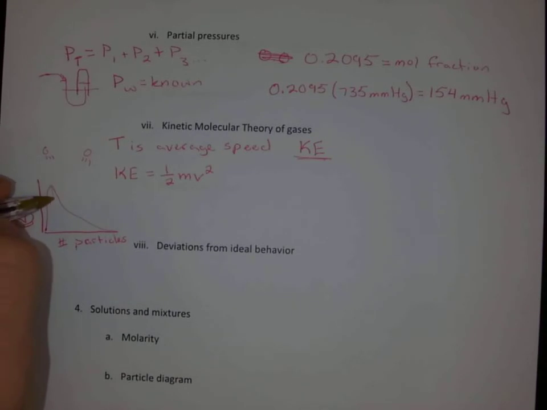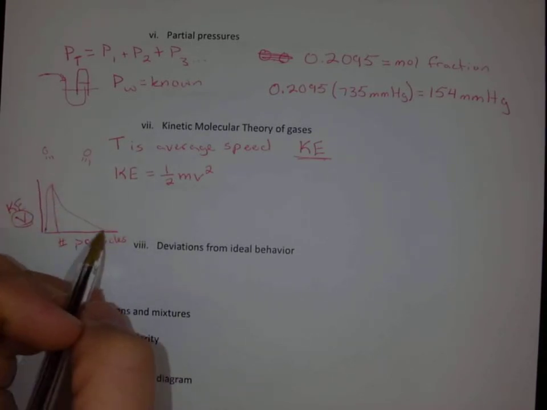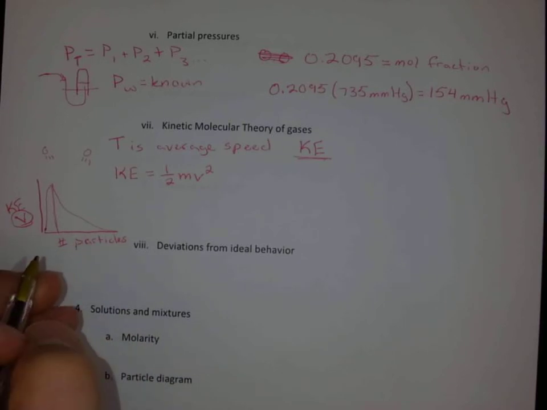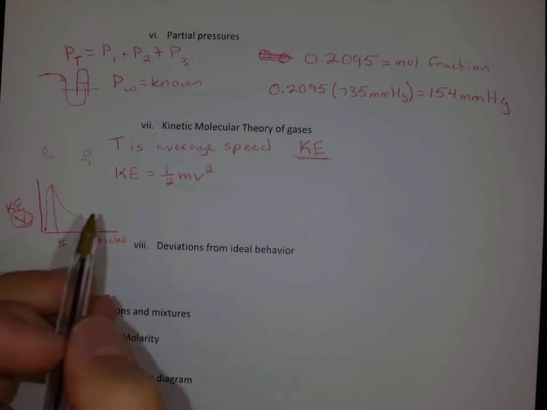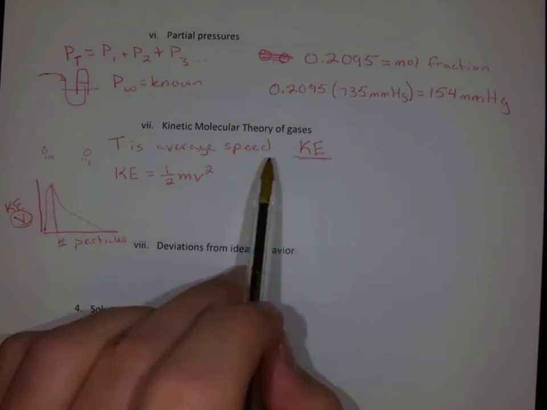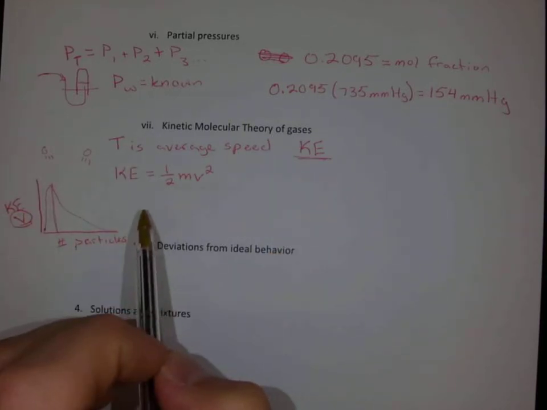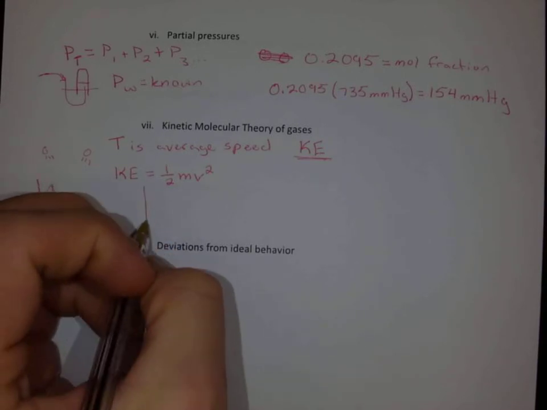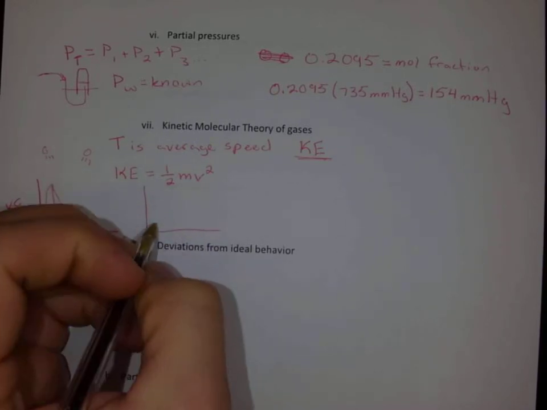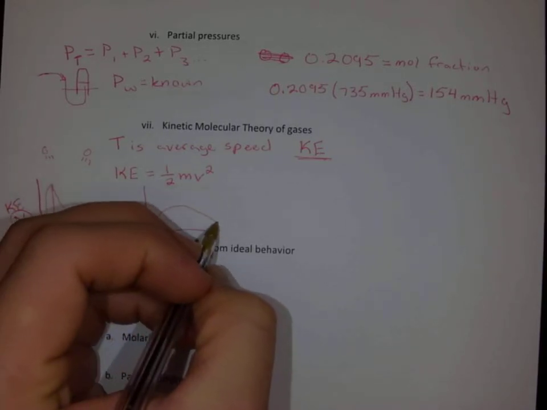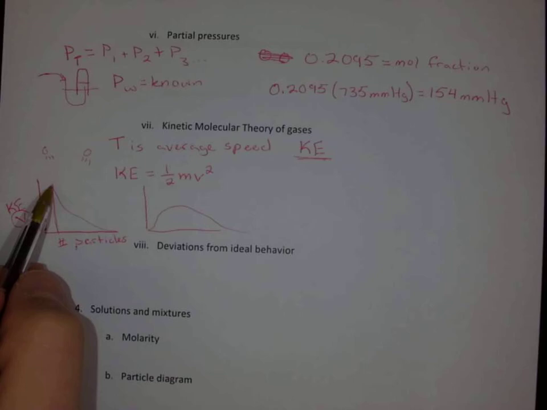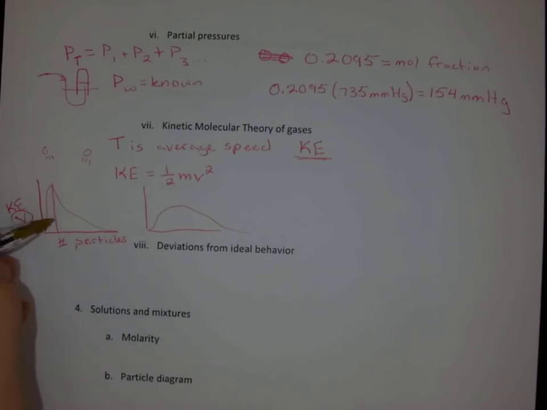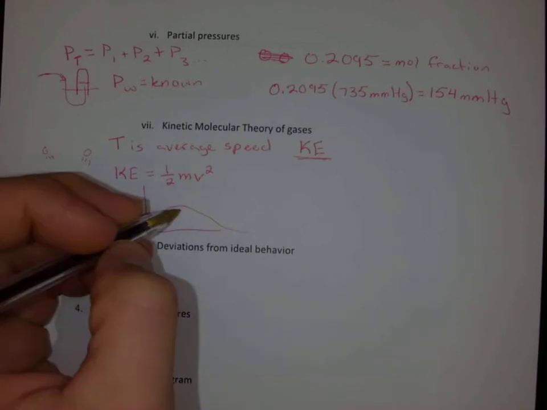Most of them are right around this number, but there's going to be some particles that are moving at a higher speed. So as I increase the temperature, I'm going to increase the average kinetic energy. Now my graph would maybe look something like this, where my hump, more of my particles have been moved past that point.